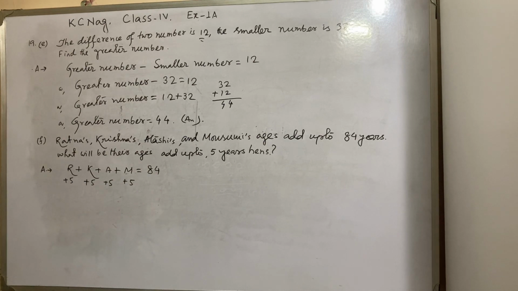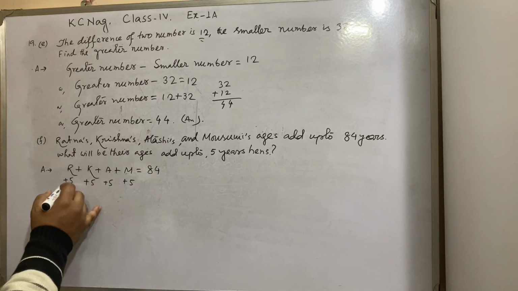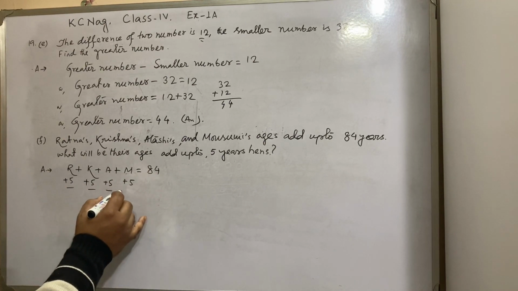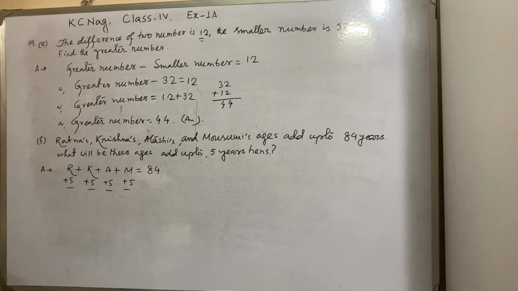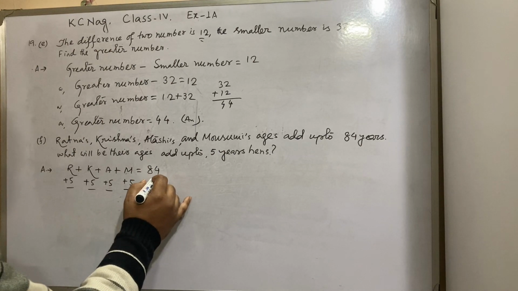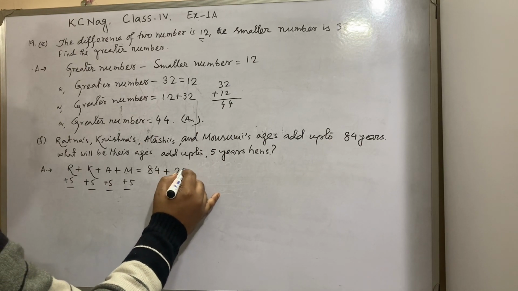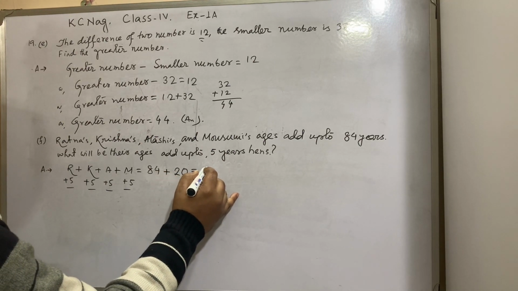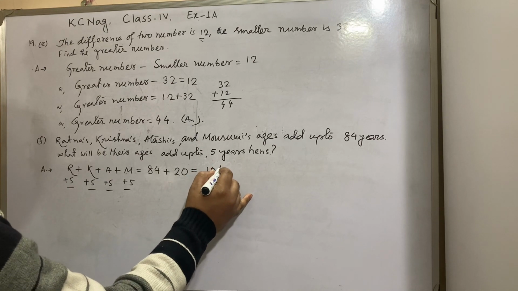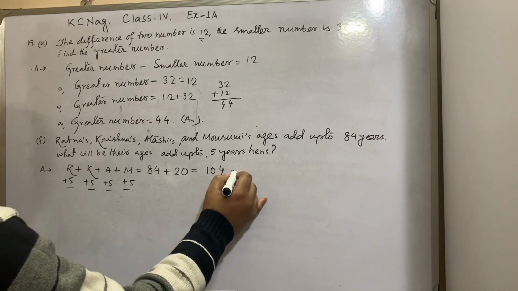So how much total do you have to add? 5 plus 5, 10 plus 5, 15 plus 5, 20. That means 84 plus 20 is equal to 104 years.